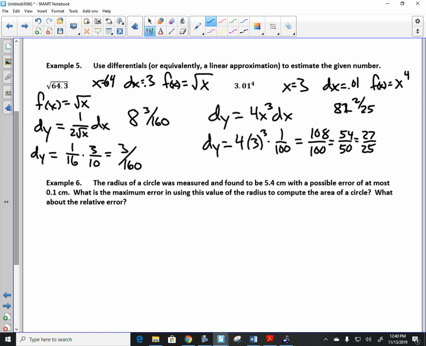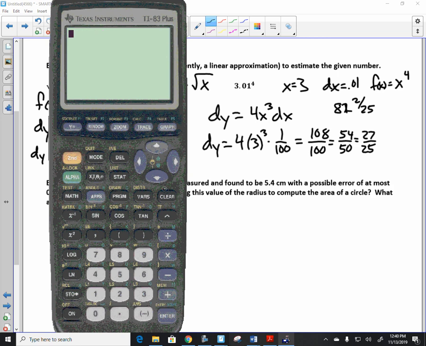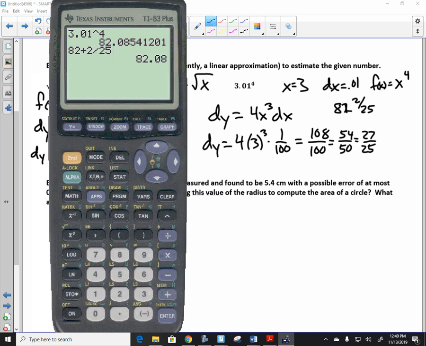So that's our approximation. Let's see how close we are. 3.01 raised to the 4th power. I get 82.08. If I take 82 and add it to 2 divided by 25, I get, hey, pretty much spot on, huh? Cool. Very good.